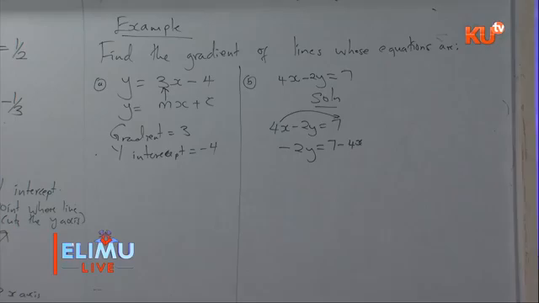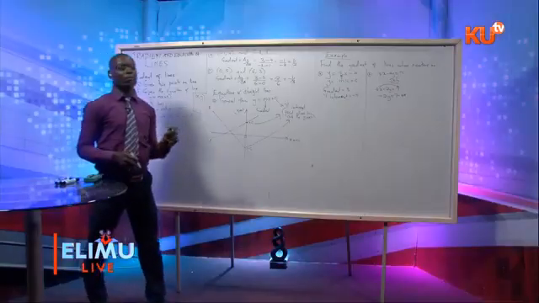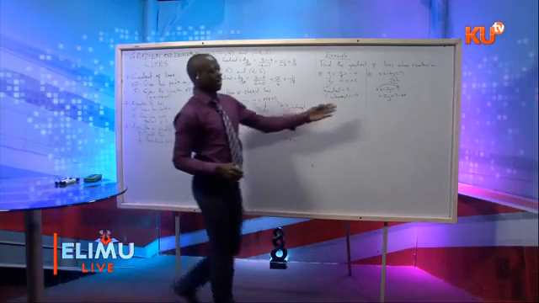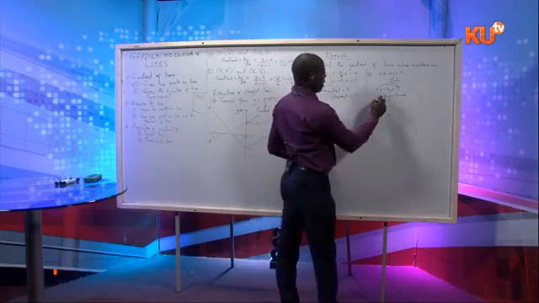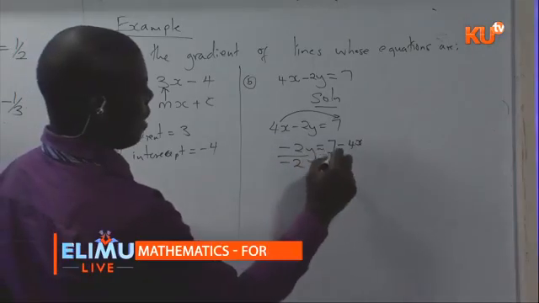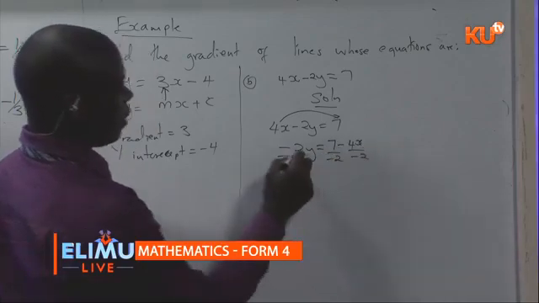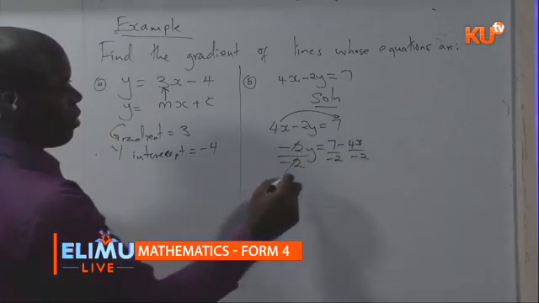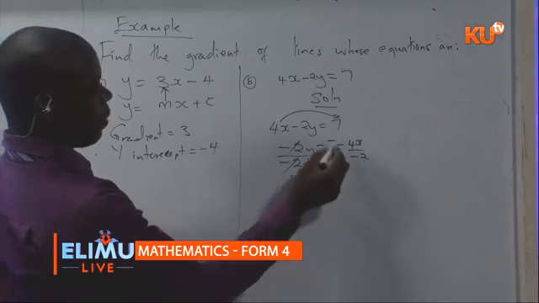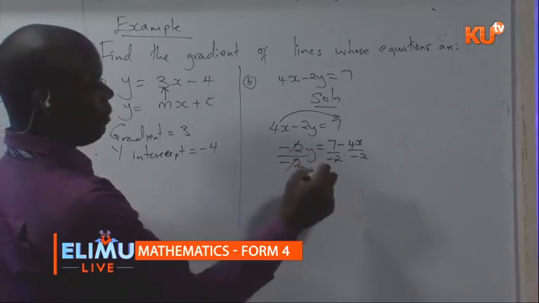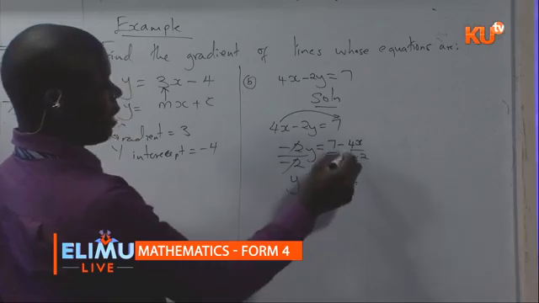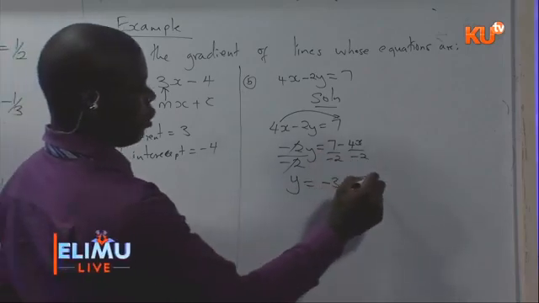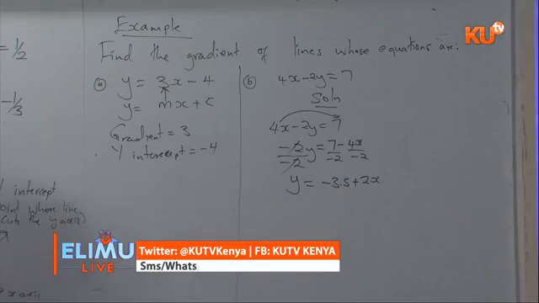And then again, y should only have the coefficient 1, but in this case the coefficient of y is negative 2. So we divide by negative 2 throughout. The negative 2s cancel out on the left. So y is equal to 7 divided by negative 2, that's negative 3.5, plus, because negative and negative make positive, 2x.